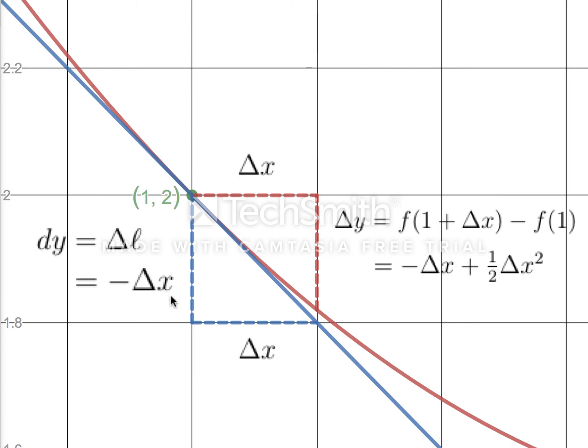Again, this is because our change in y over change in x is -1. And so notice here that the negative delta x and the negative delta x here appear in the same place, and that's actually not a coincidence.